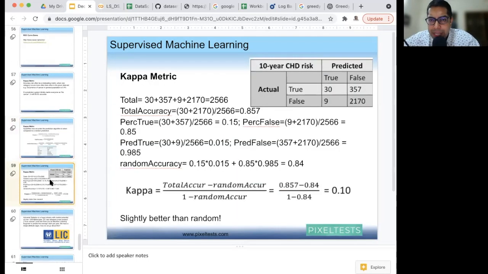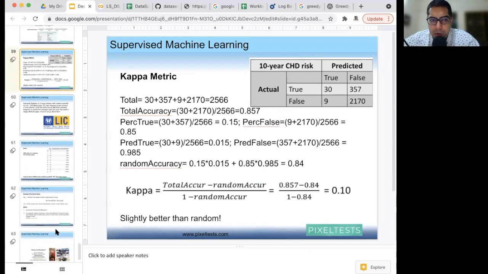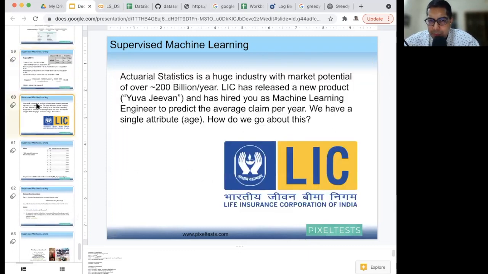I've given you a small hands-on. In the interest of time, I'll let you do this on your own. Please take a pause and calculate the kappa metric here. This is not a great model, but with this 10-year heart disease CHD data, you can also find out the true positive rates and all those sensitivity metrics. One more last case study that I've given you. This is bonus, so you don't have to do too many things.